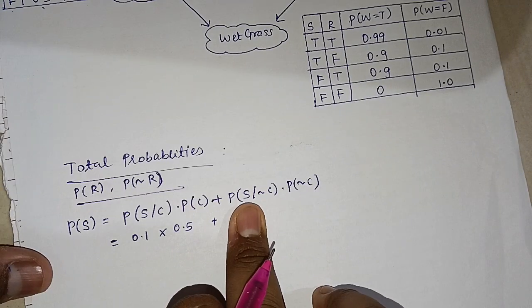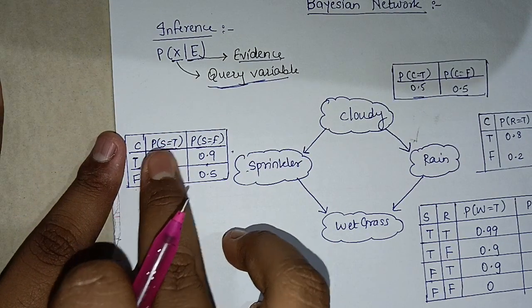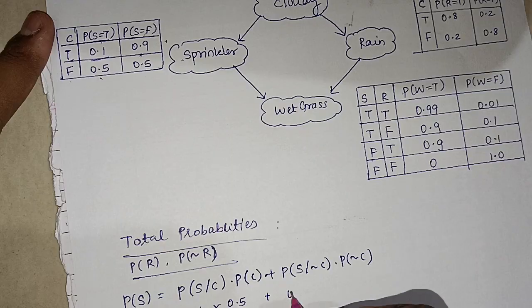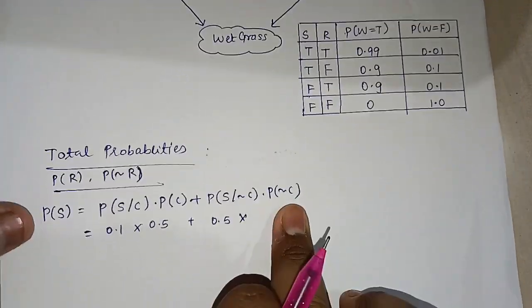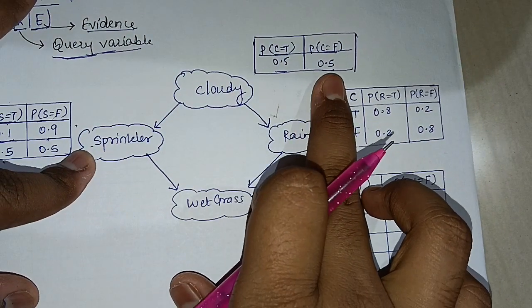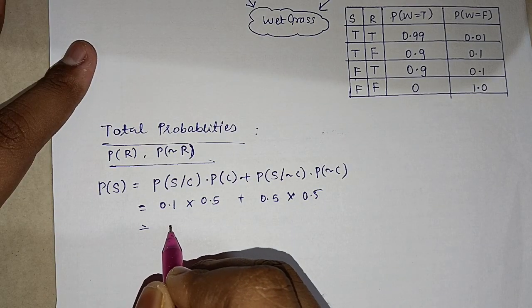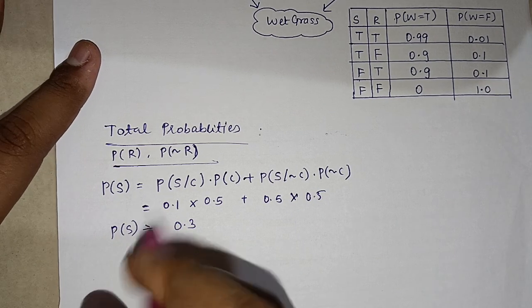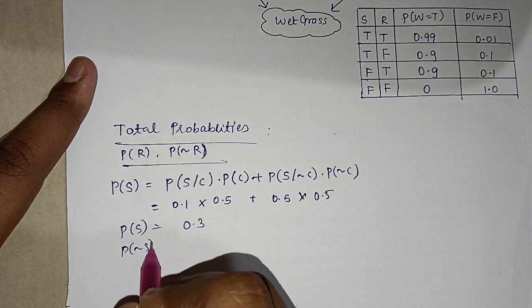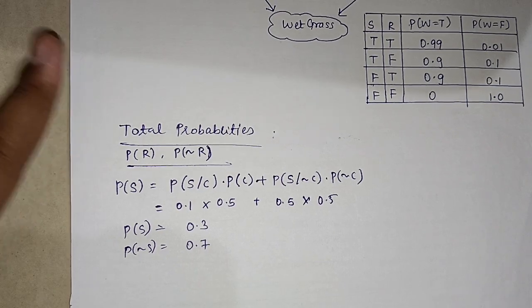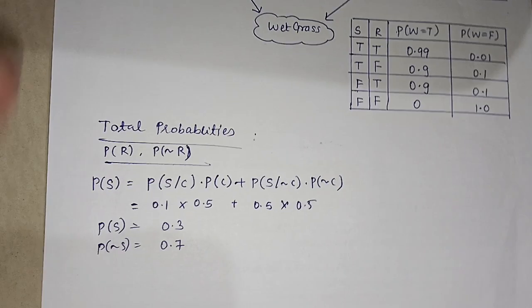Same as S given negation of C, which means S is true but C is false, so it is 0.5, and P of negation C is given as 0.5. If I solve, I will get 0.3. P of S means P of S equals true. So what will be P of negation S, meaning S equals false? It is 0.7, because positive plus negative, this total probability will be 1.